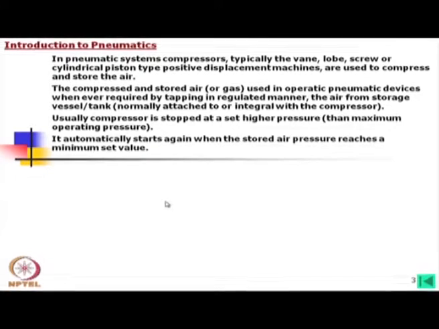This means that, say for the reservoir, 2 megapascal is the upper limit. So when the pressure inside this reservoir reaches 2 megapascal, the compressor will be automatically stopped, and it will start again at the minimum pressure you need for the operations.